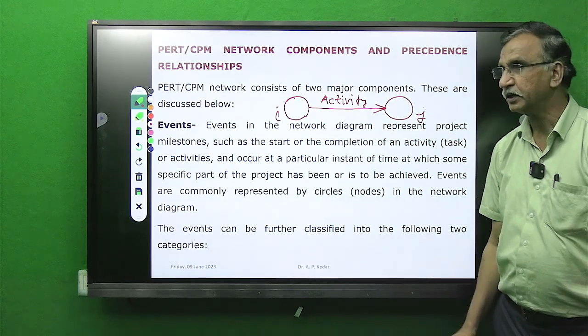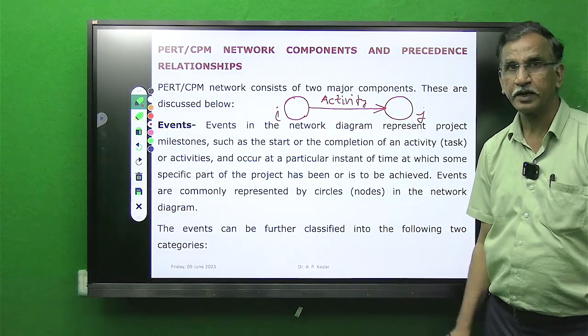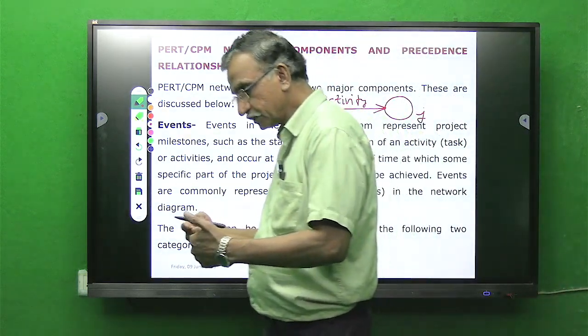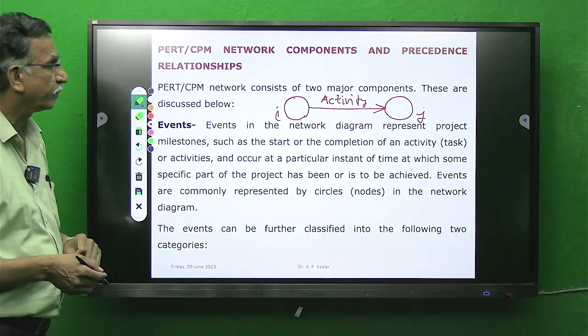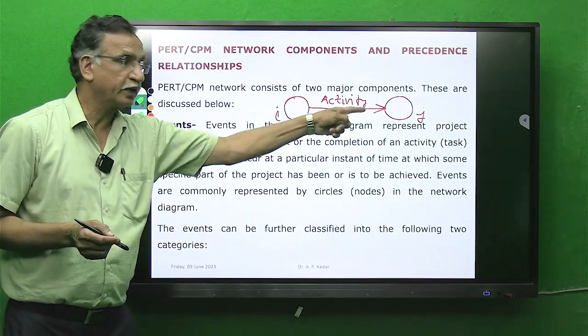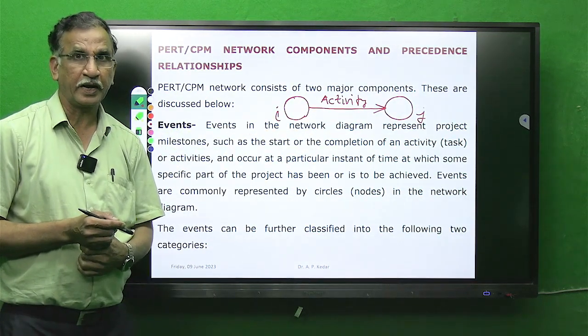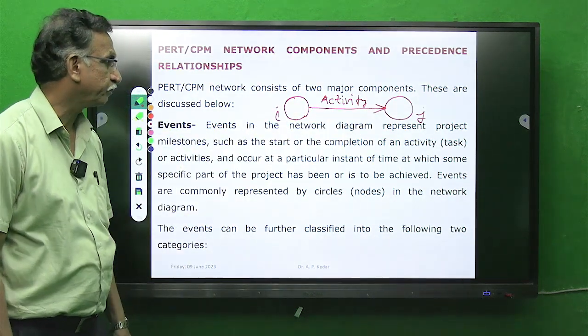I is the starting event, J is the end event. And these starting and end events are connected by a straight line arrow, which is called an activity.